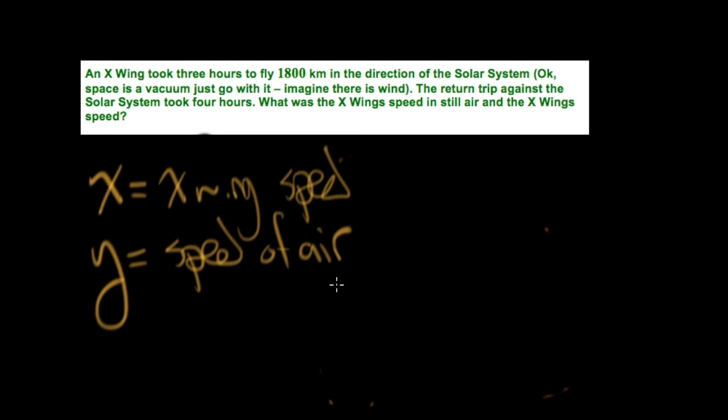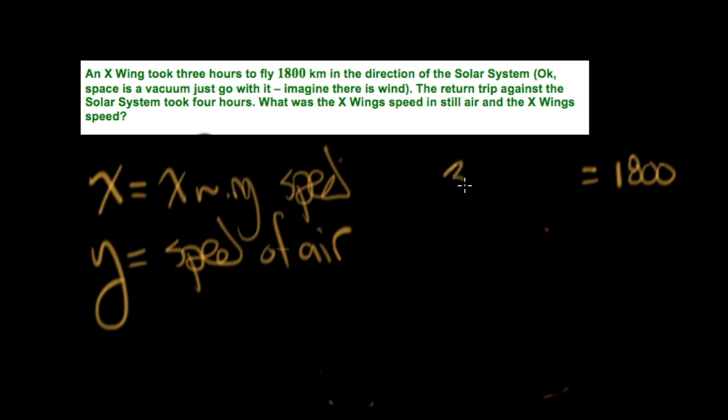So it took 3 hours to fly in the direction with it. So the distance is going to be 1,800, right? And distance is equal to speed times time. So the time is 3 hours, and it went in the direction with it.